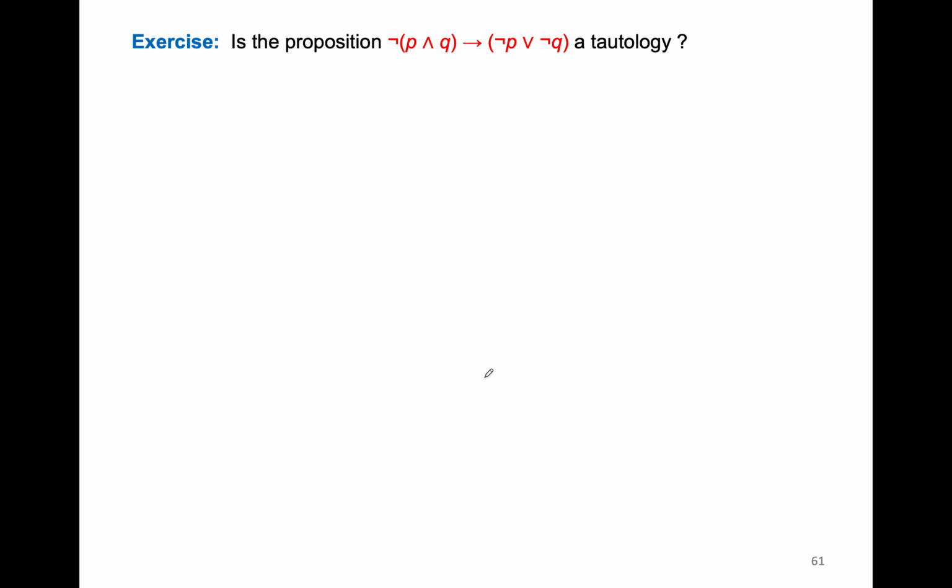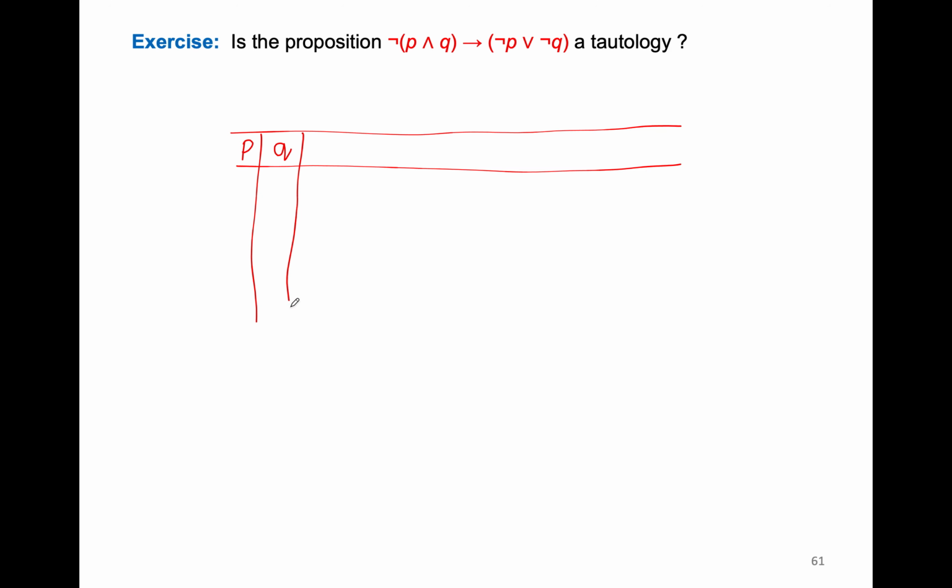Now let's create the truth table for this proposition. So here we've got our truth table. We'll start with P, Q. We say that we've got 2 propositions only, so we will have 4 rows, and the rows are the possibilities: true true, true false, false true, false false.